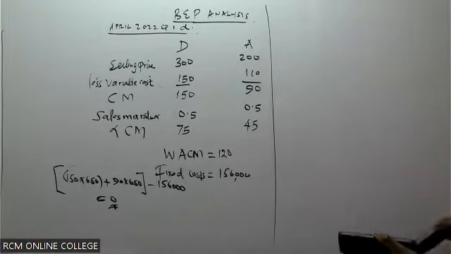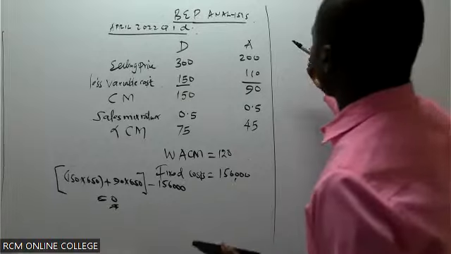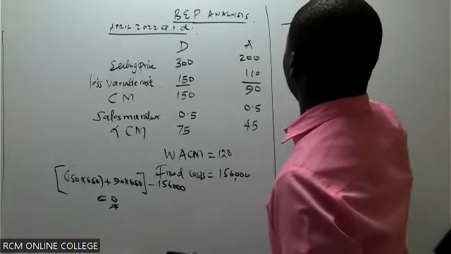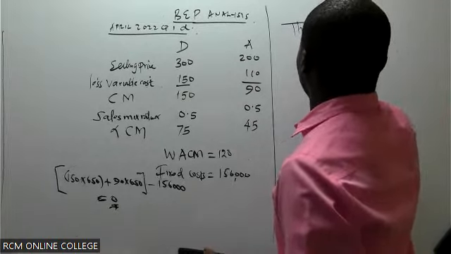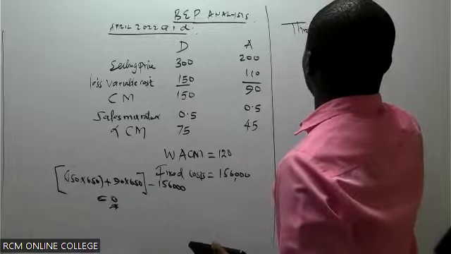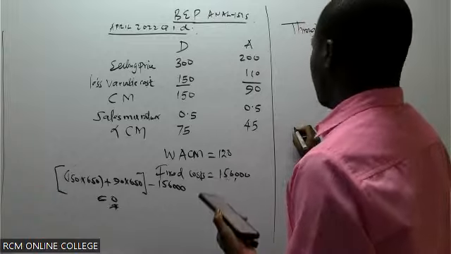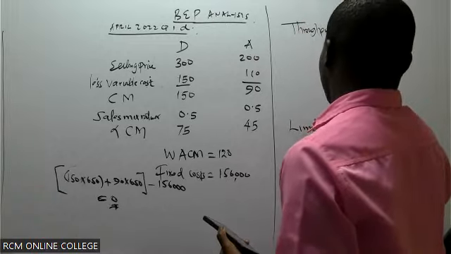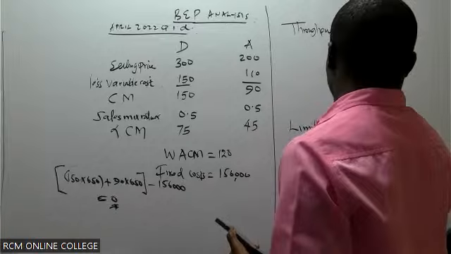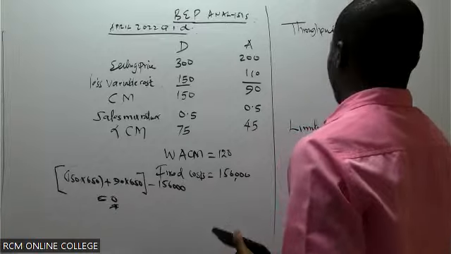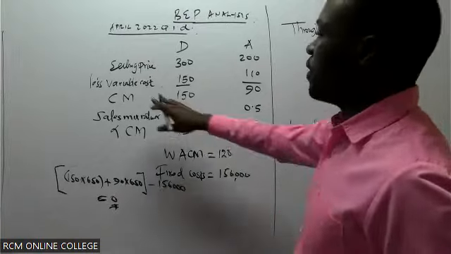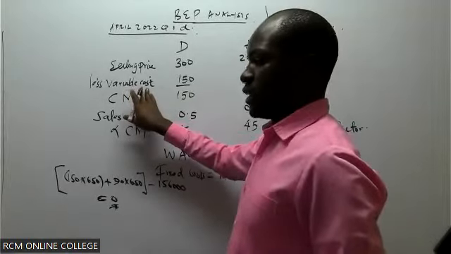Under inventory management, when you talk about throughput, and then we have limiting factor. So this variable cost, of course, they have been combined.